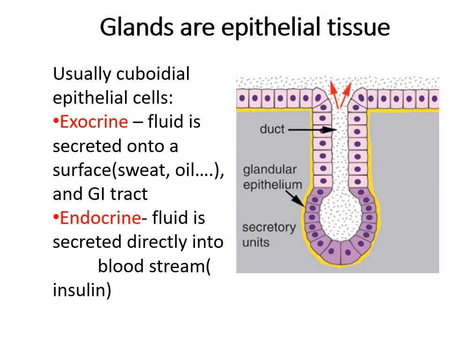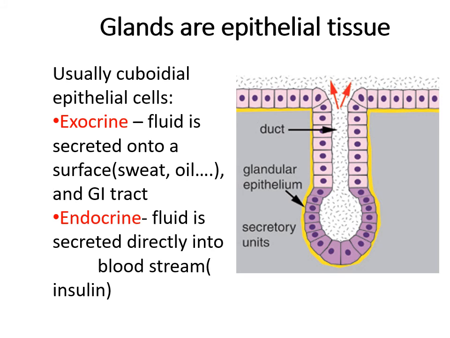So glands are also part of epithelial tissue, right? I mean, as an example, we have sweat glands and oil glands in our epithelial tissue of our skin. And when we talk about glands that are secreting oils or sweat to the surface of an area, whether it's the surface of your skin or the surface of the inside of the digestive tract, we call that an exocrine gland, right? So it's exiting.